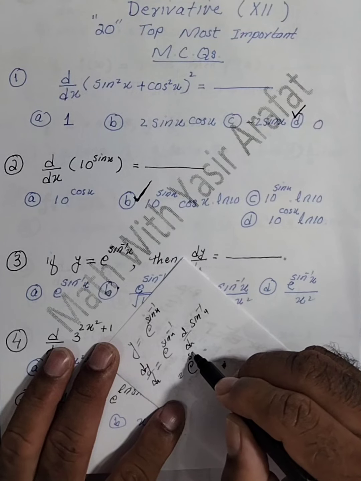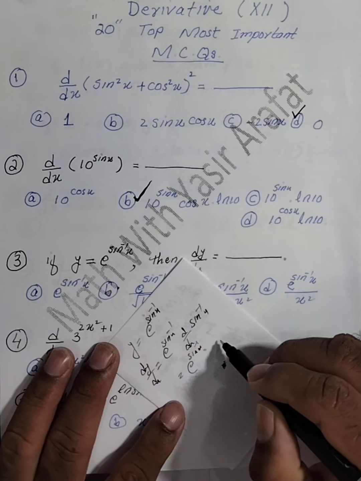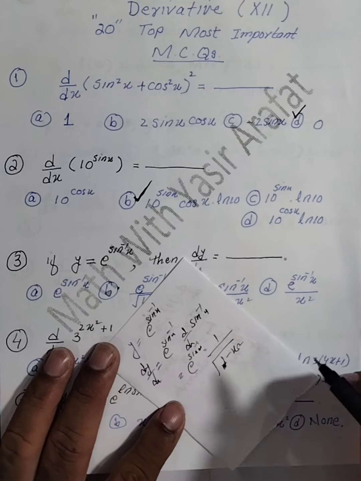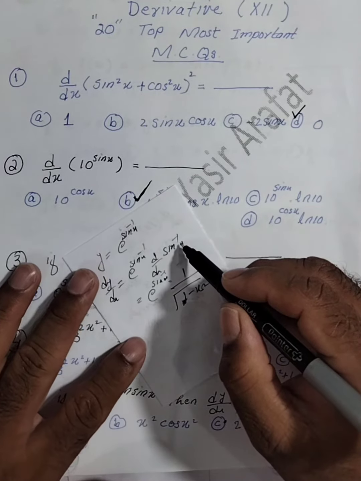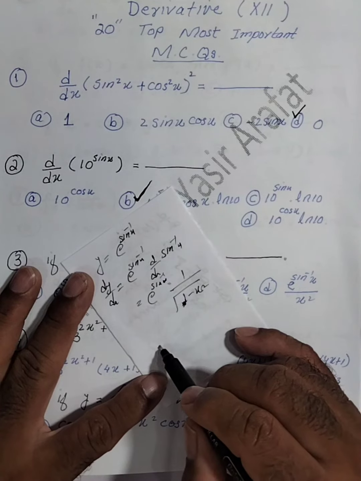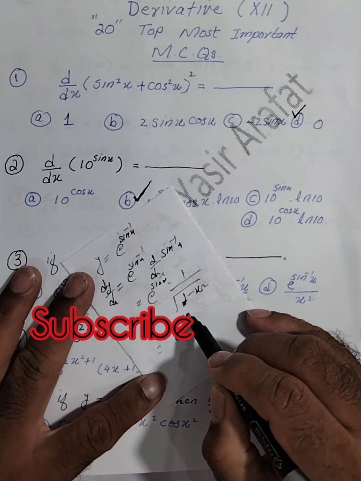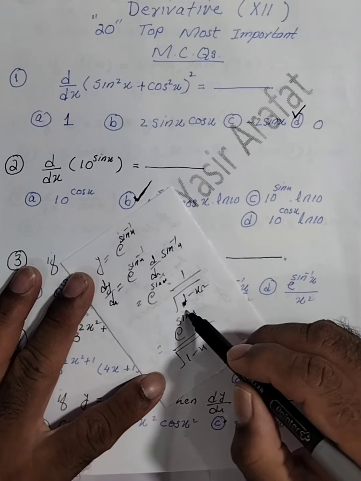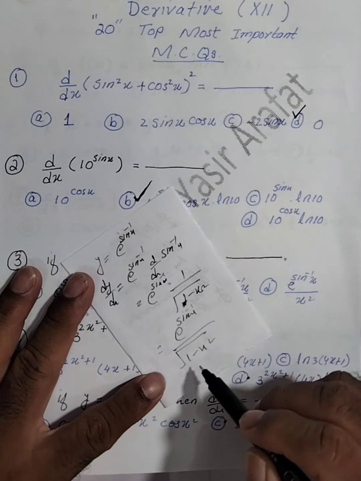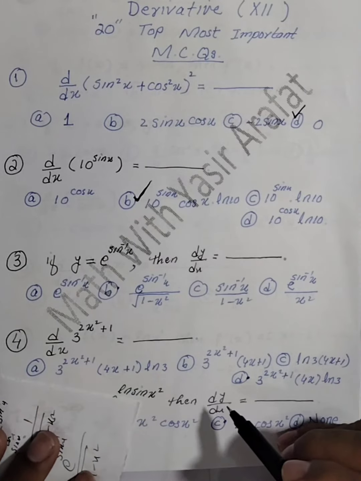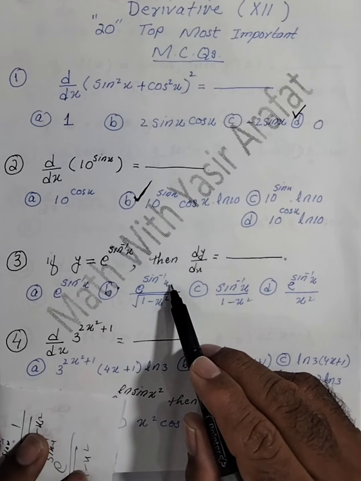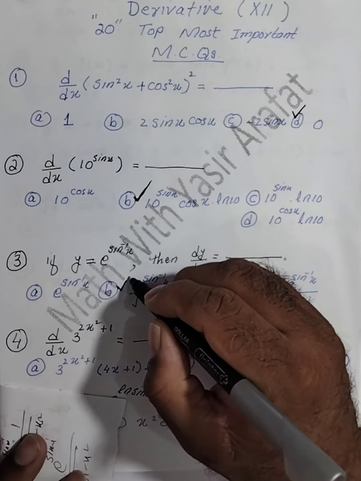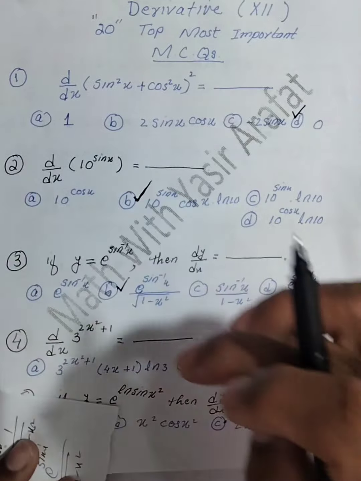The derivative of sine inverse x is equal to 1 over radical 1 minus x square. We have the formula of the derivative of sine inverse x here. So the correct option, the answer of this MCQ, is e power sine inverse x divided by radical 1 minus x square. So let's see, this is e power sine inverse x divided by radical 1 minus x square. So this is the correct option, B, of the third MCQ here.